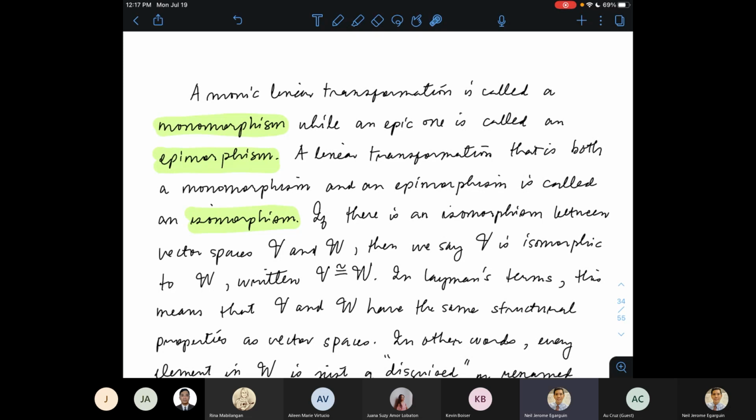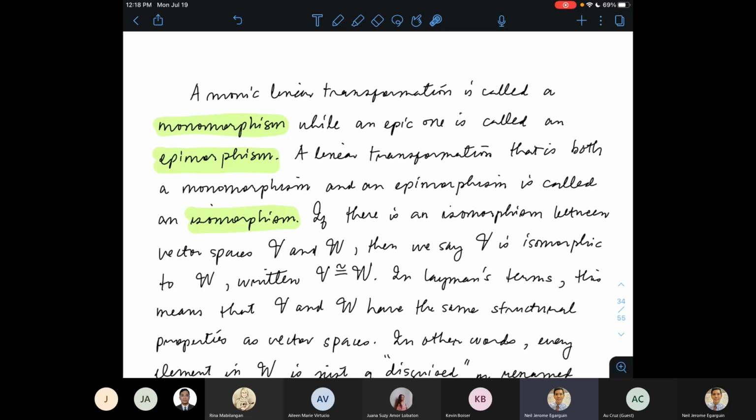Now, if there is an isomorphism between two vector spaces, if you can define a bijective linear transformation from V to W, then we say that V is isomorphic to W, and we use this notation, right? So si V ay isomorphic kay W. So ibig sabihin, if V is isomorphic to W, that means they are sort of equivalent.